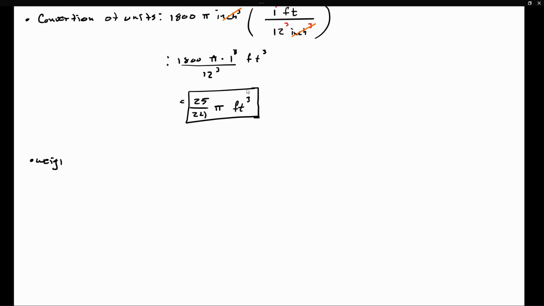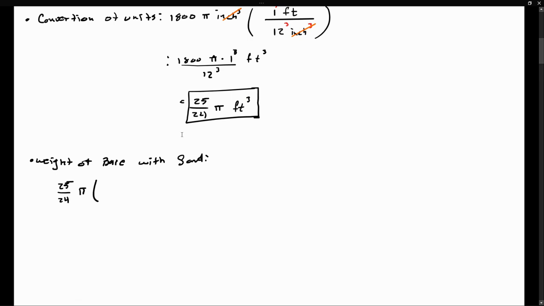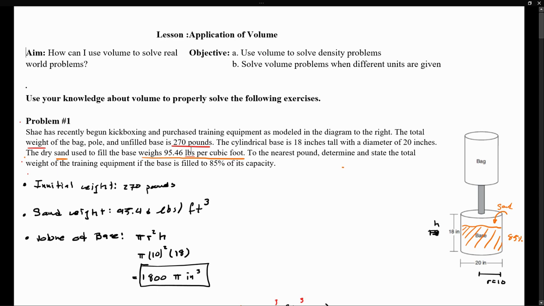So now the weight of the base with sand on it is going to be equivalent to 25 over 24 pi times the actual weight of the sand, which is 95.46.